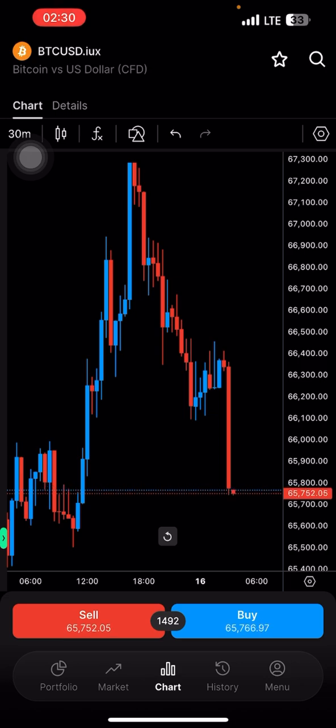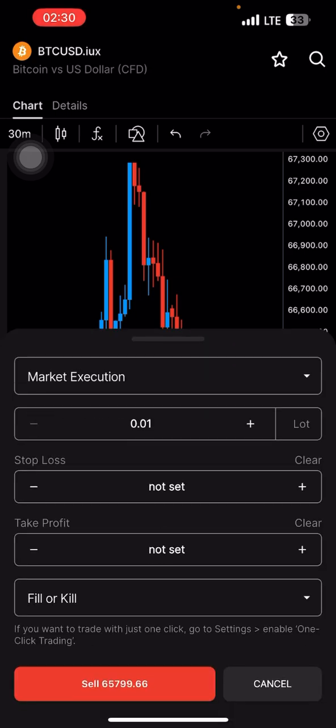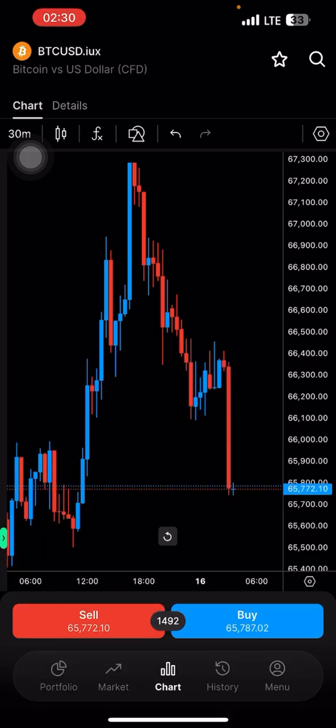If I want to sell, I click on sell. I set my lot size, my stop loss, and my take profit, and then I initiate the trade. If you don't know how to set stop loss and take profit, I will do a video to explain all these things. So this is how you use this to trade.